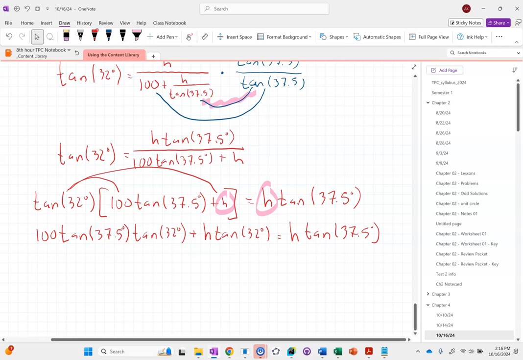And now I'll subtract the h tan 32 so that both of my h's are on the same side.